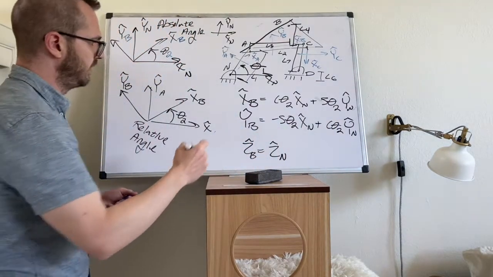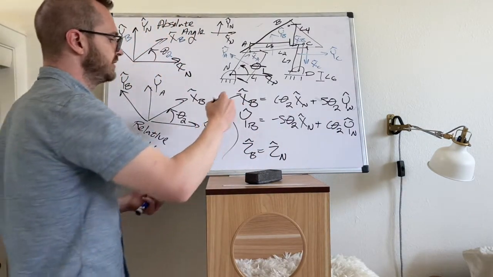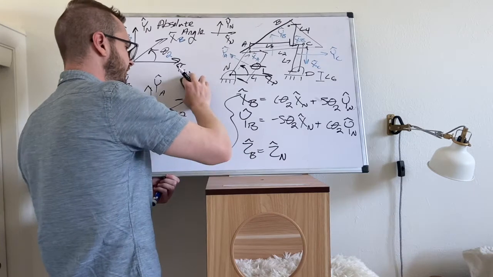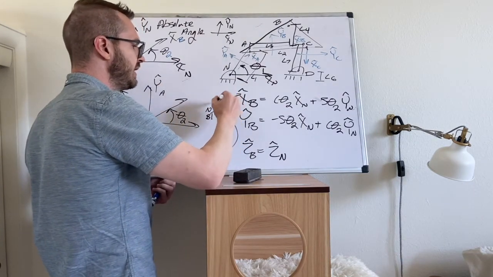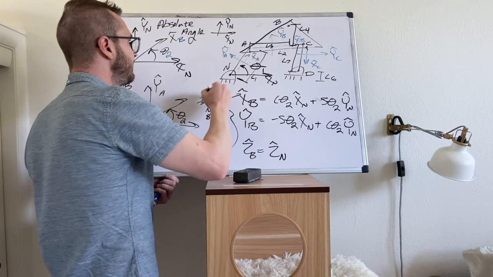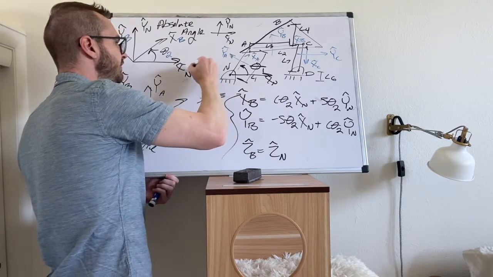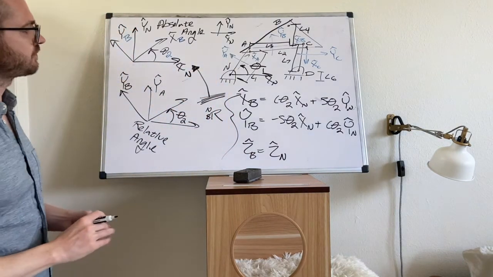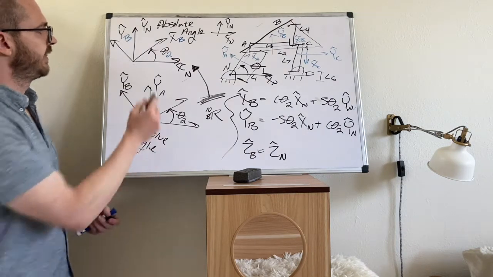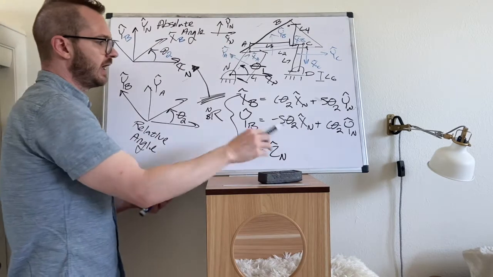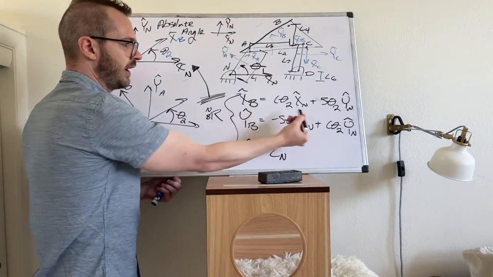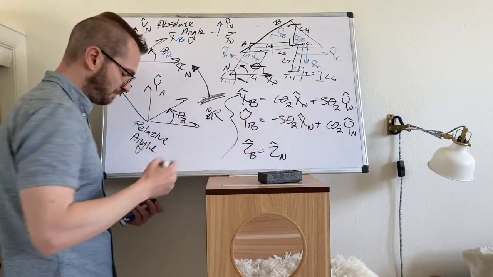All right, so this rotation, let's take these off just momentarily, this would be the rotation from N to B, and this is using specifically this definition of the rotation. Theta 2 is going from N to B directly, and thus we define the B frame with respect to the N frame.